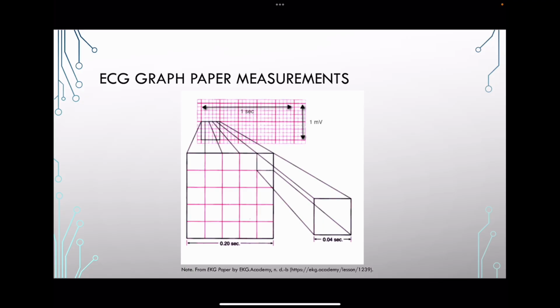She did say that typically when you're given a strip to analyze, the ones that are sent to the chart are going to be 6 seconds long, which will help you identify the rate of the rhythm. Because, like she said, if you're given a 6 second strip and you've got 60 seconds in a minute, you would just multiply it by 10 to give you the rate, the beats per minute.